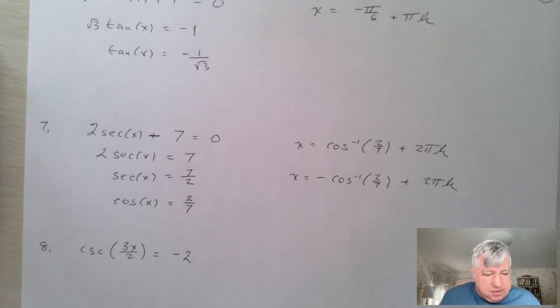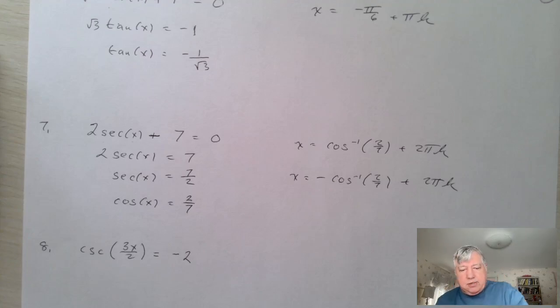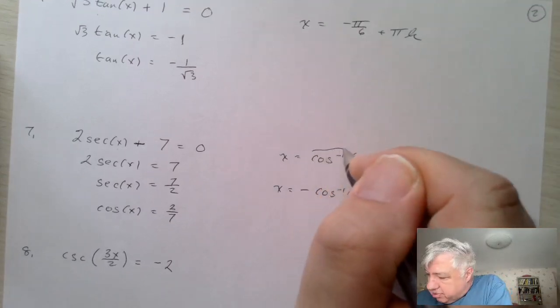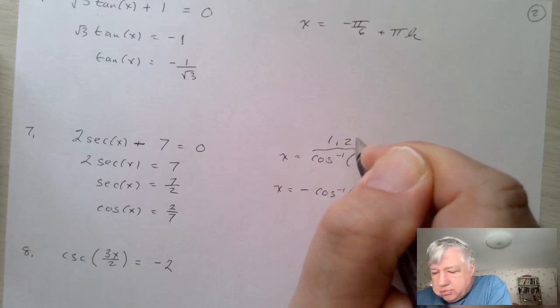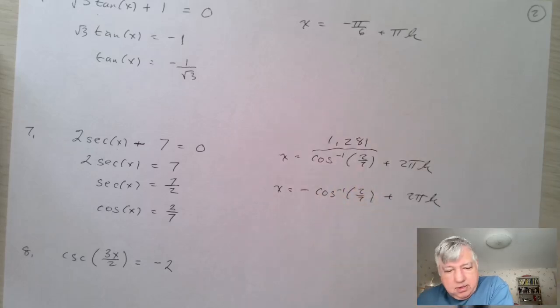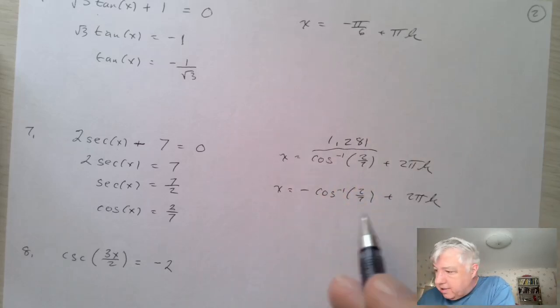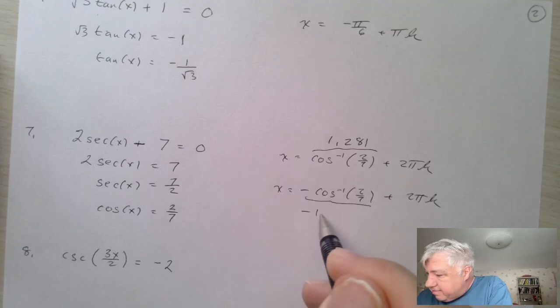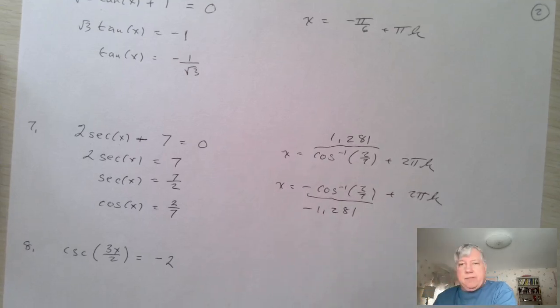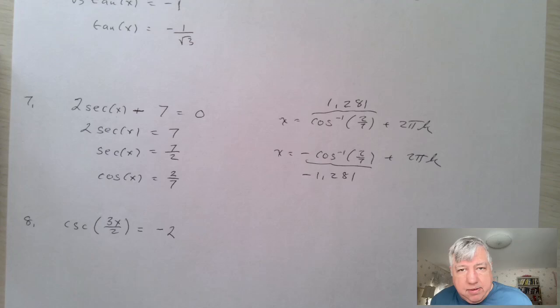And I believe I did this ahead of time on my calculator, and this is 1.281, and this of course will be the opposite of that. Okay, and make sure your calculator is in radians mode.